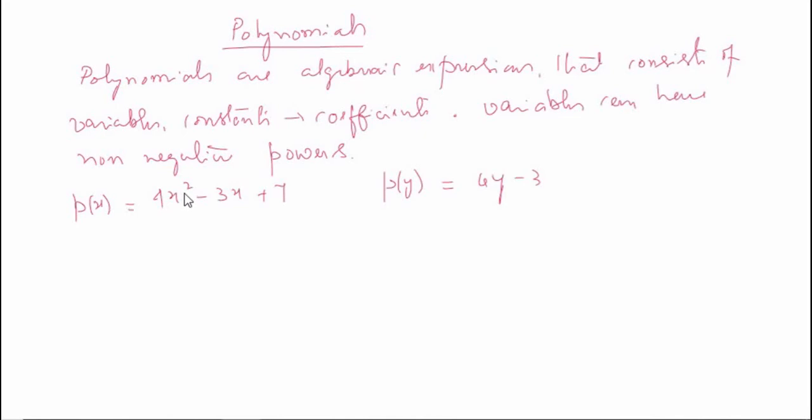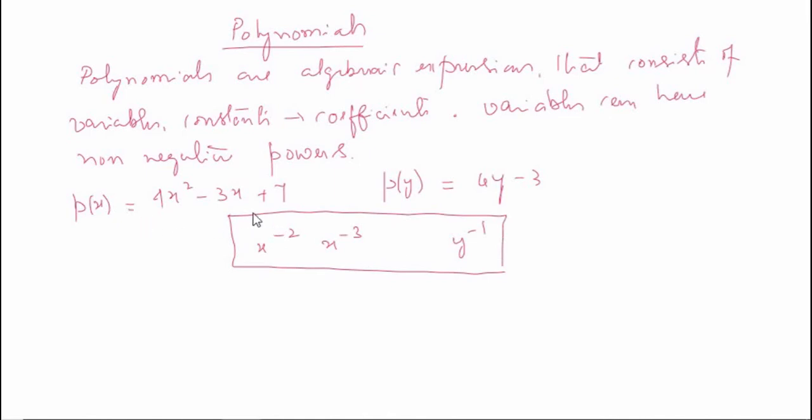Here the variable power is 2. Here variable power is 1. Here variable power is 1. You cannot have the variable power like minus 2 or minus 3 or y to the power minus 1. Variables in negative powers are not allowed. Then they are not polynomials.